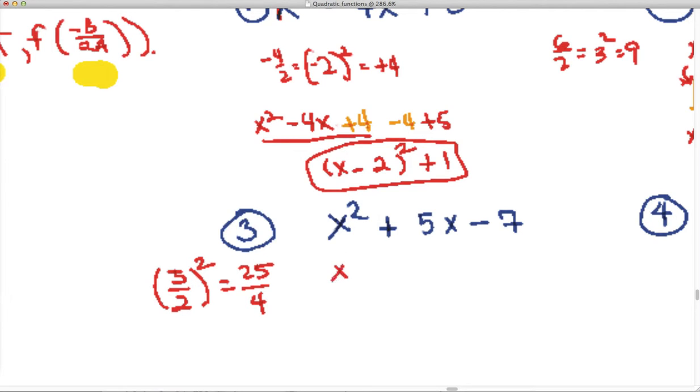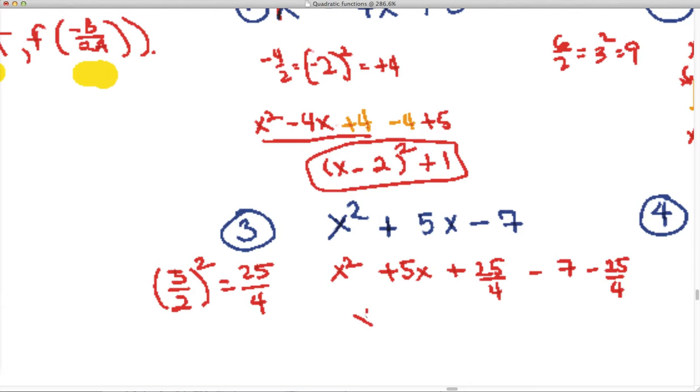So we would write x squared, plus 5x, and then minus 7, and then since it's on the same side, we do the opposite.